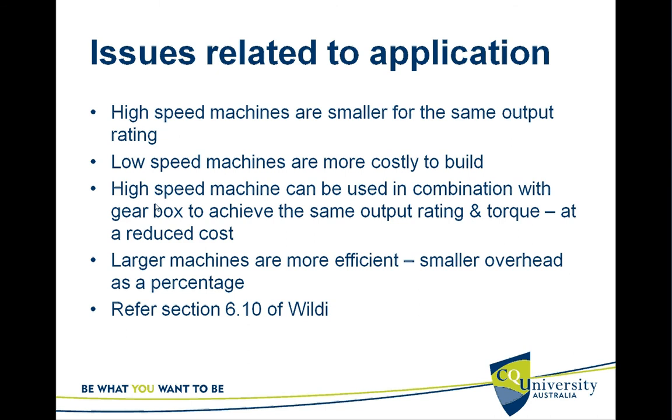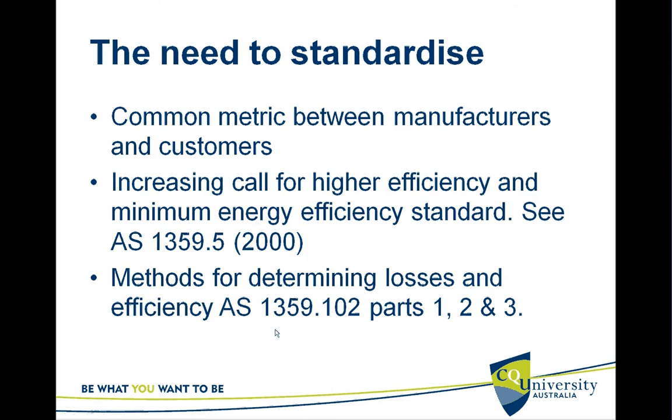That's why you use gearboxes to get lower speeds at higher torque. Larger machines are more efficient, with smaller overhead as a percentage, because if the machine is larger, your conductors are larger, losses are less, and so on. So again, more information is available in chapter 6.